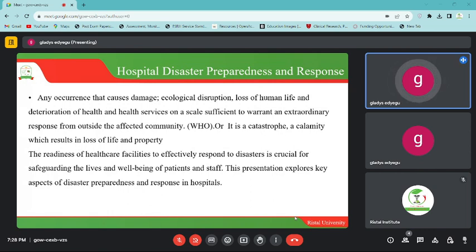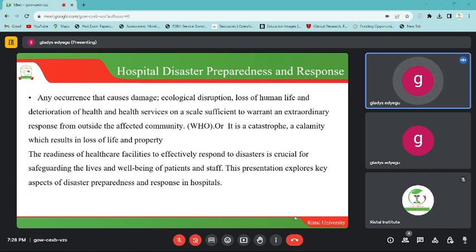They look at anything that can cause loss of human life or deteriorate health and health services on such a scale that it affects the community within that disaster. The other definition is a catastrophe or calamity which results in loss of life and property. That is what disaster means.